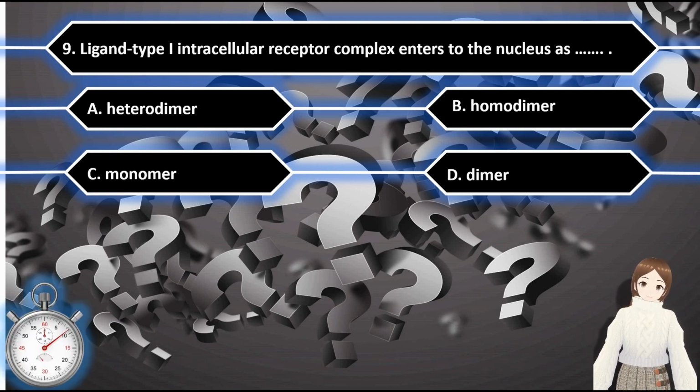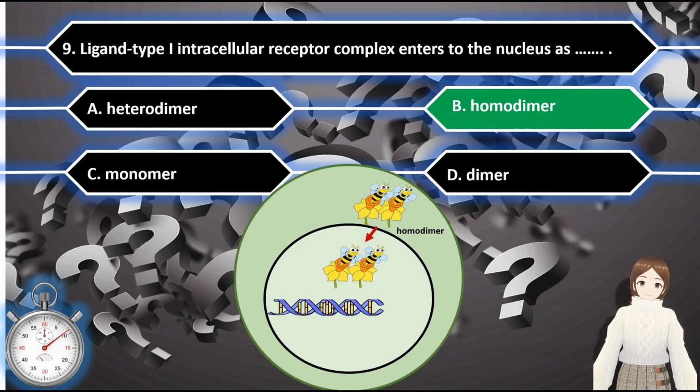You have 10 seconds time. Time is over. The correct answer is B. Homodimer.